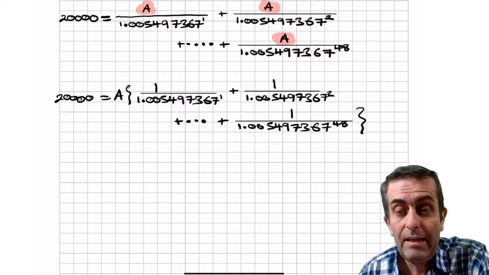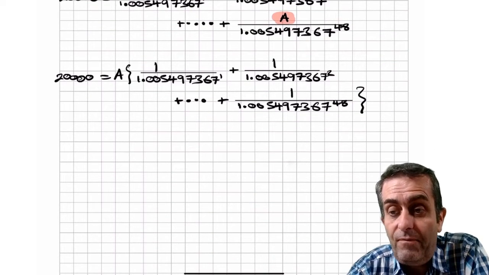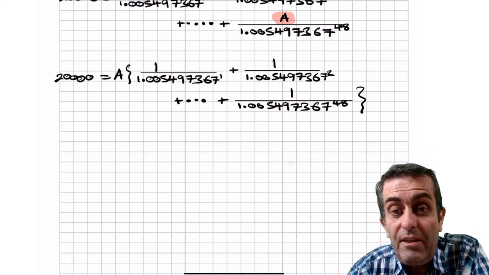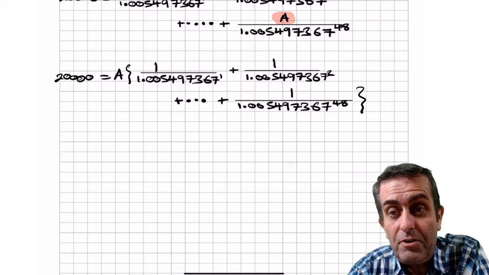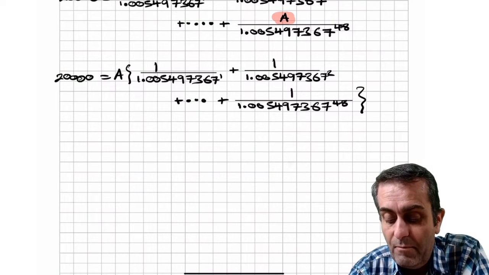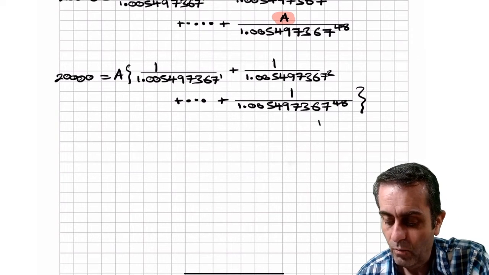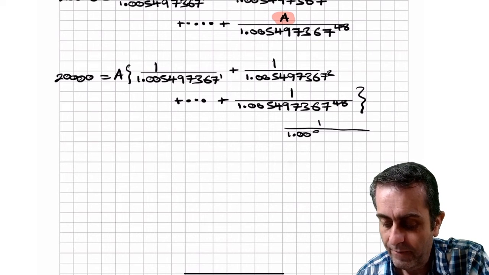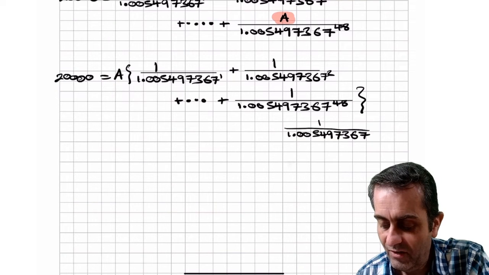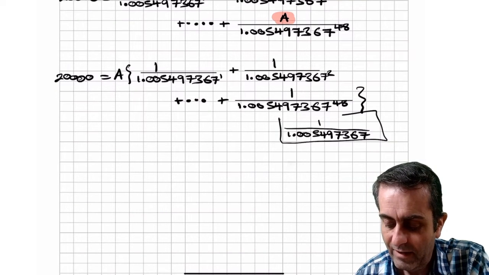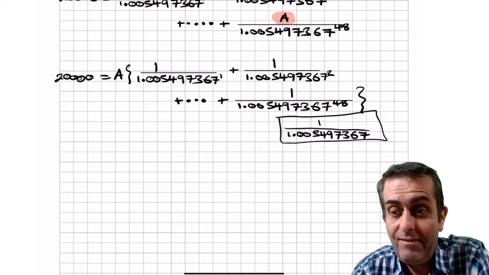Okay? Now, I don't like fractions. To be honest with you, I would often skip the line that I've just written down and go directly into decimals. But because I don't like fractions, I'm now going to calculate what is 1 divided by 1.005497367. So we grab our calculator and we work out what that is.